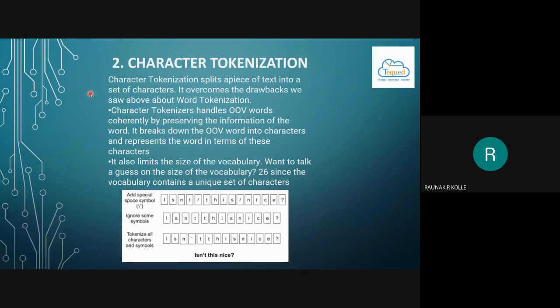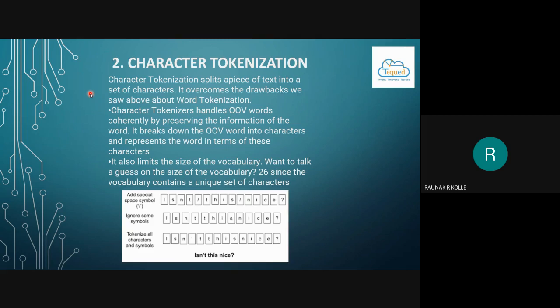Character tokenization. Character tokenization splits a piece of text into a set of characters. It overcomes the drawbacks we saw above about word tokenization. Character tokenization handles out of vocabulary words coherently by preserving the information of the word.